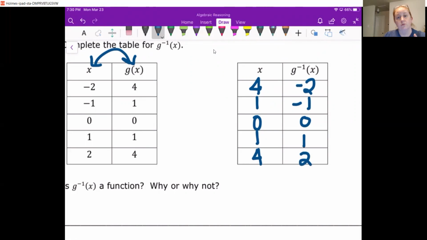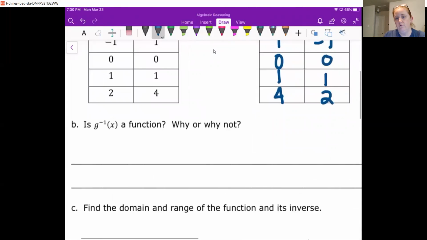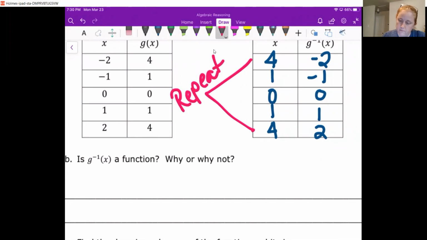All right. So now let's see if we have a function or not on that new table. So is g inverse a function? Well, we have a problem because my 4's repeat and also the 1's repeated. So if you've got repeats happening in that inverse x column, then we don't have a function.